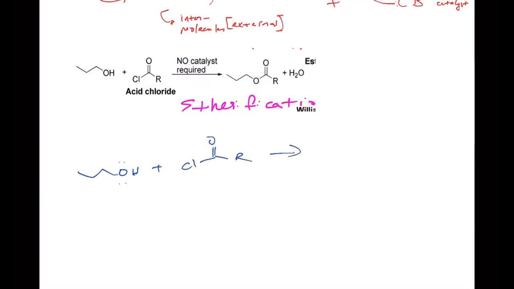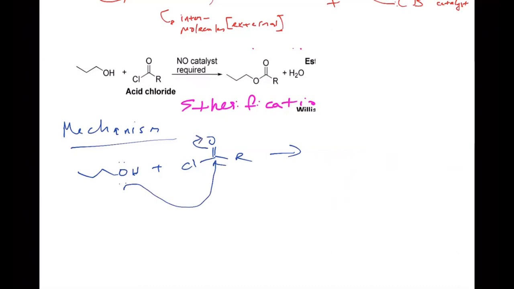Again, the first step is going to be nucleophilic attack of your alcohol. Right? Every time. So this is going to attack here. And you break the C=O pi bond.